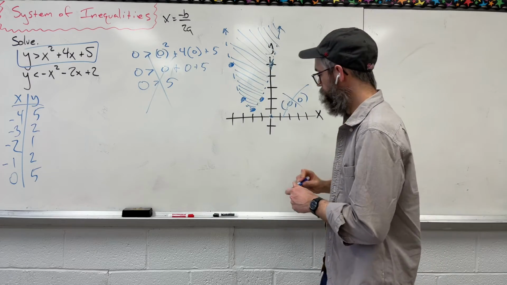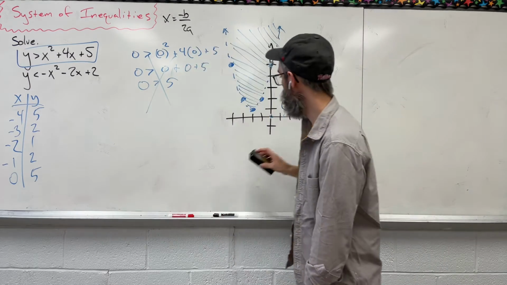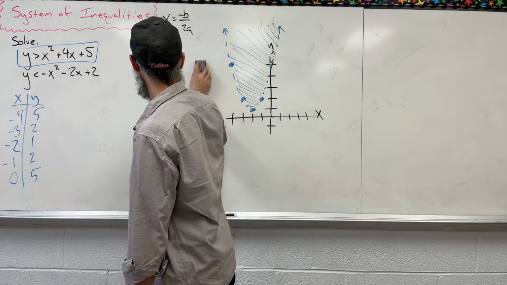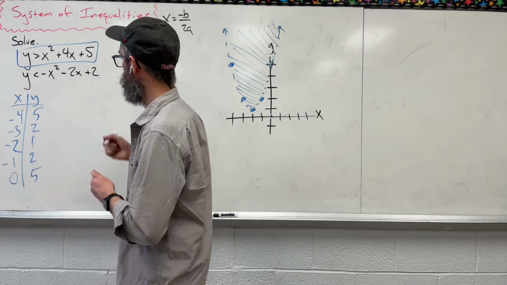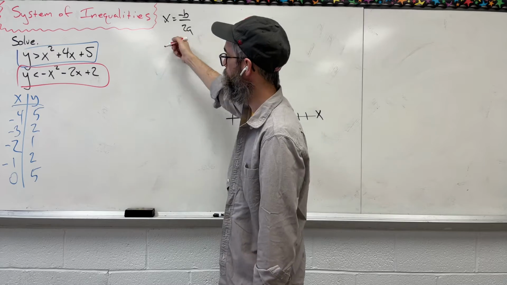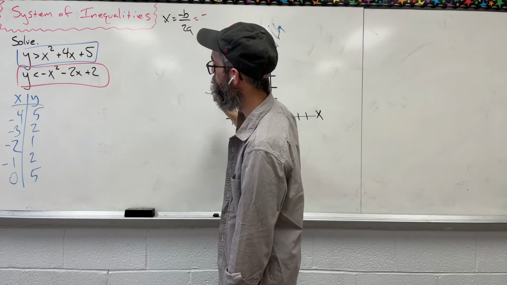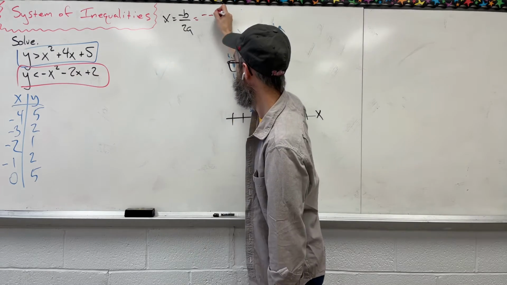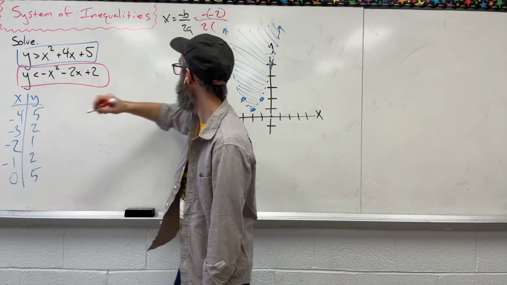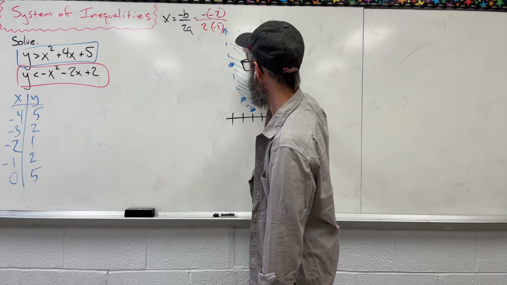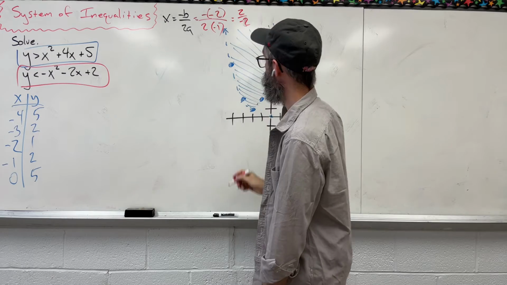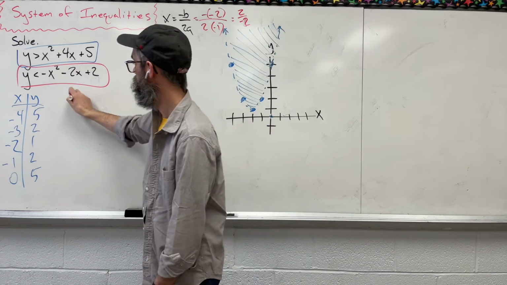All right, let's go through and do the same thing with the second inequality. This time, we'll do it in a different color. All right, axis of symmetry first. So we're going to say negative 2 all over 2 times my a value, negative 1, giving us 2 over negative 2, which is negative 1.